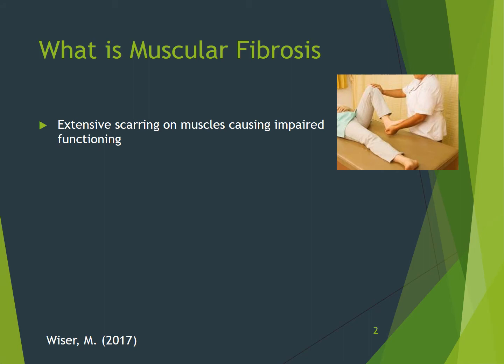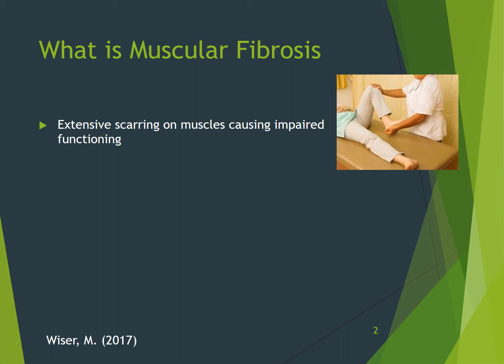So, muscle fibrosis is a disease where there is extensive fibrous scarring between muscle fibers. The bands of fibrous scar tissue can typically form in any organ, but are mostly seen in skeletal and cardiac muscle.